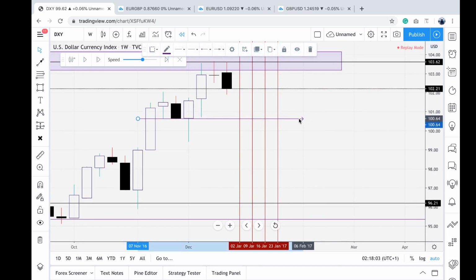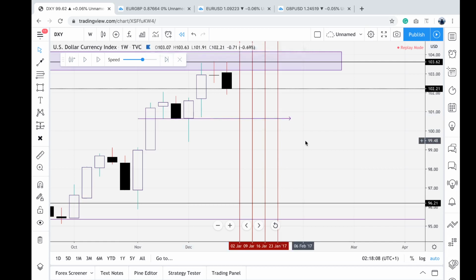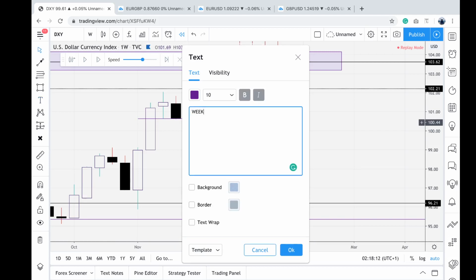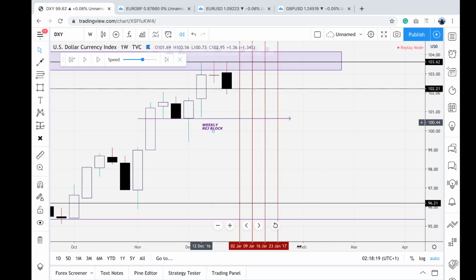Clean body lows, so that is a weekly rejection block. So we label that weekly rejection block on this level.